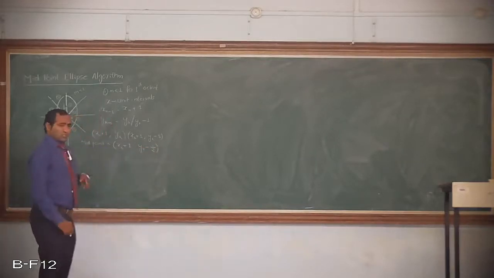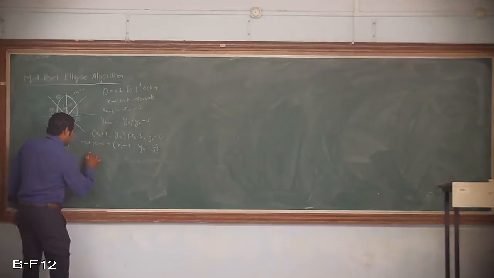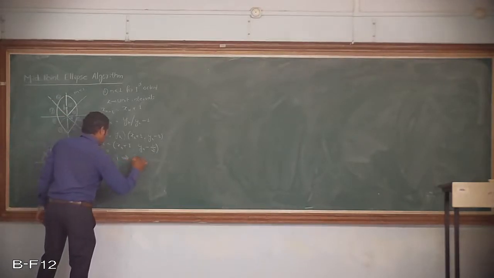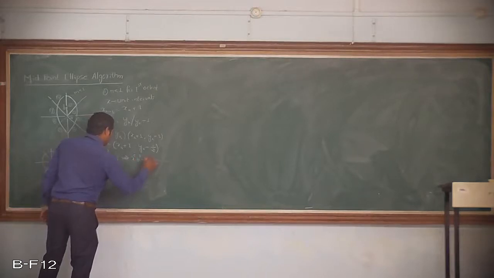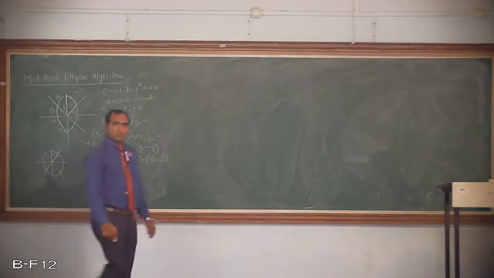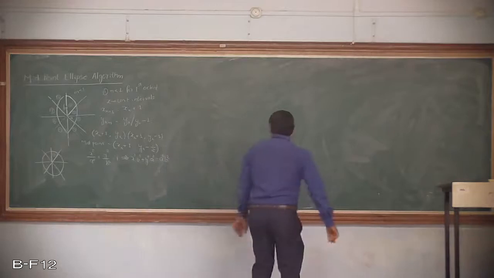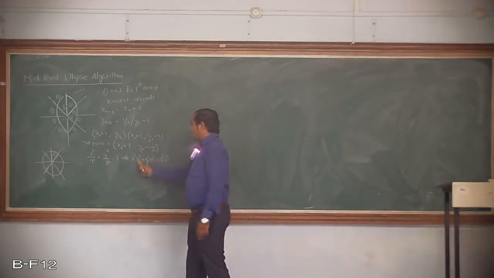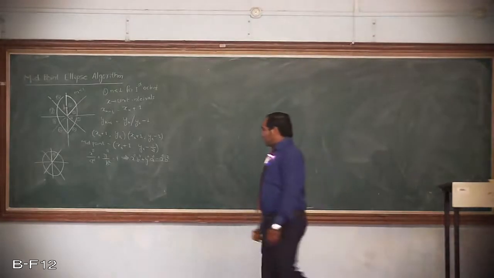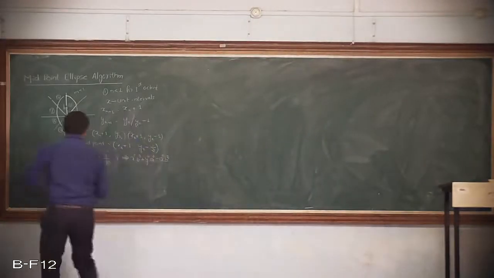Then we substituted it in the equation of the ellipse, x square by a square plus y square by b square equals 1. Simplifying this, I get x square b square plus y square a square minus a square b square. This is the equation of the ellipse we considered, and then we substituted the x and y values and simplified, and so we obtained the values of pk and pk plus 1.